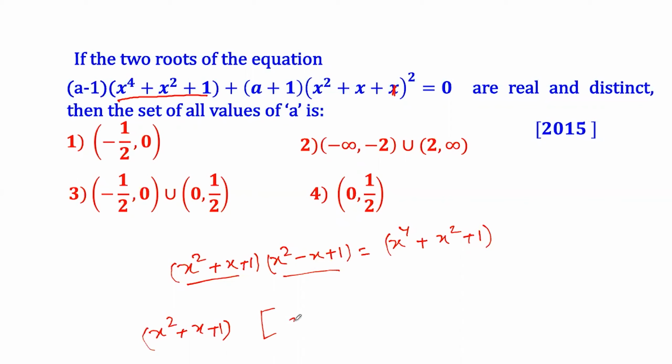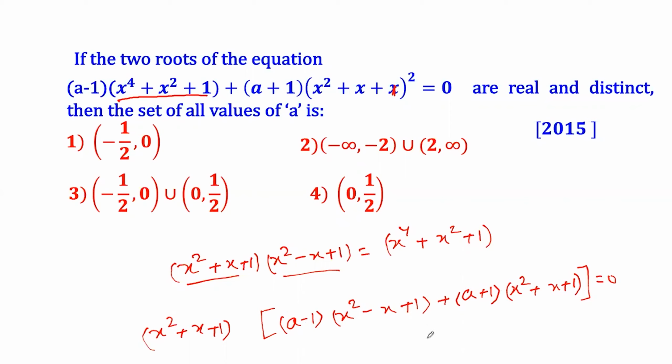So what I'm getting: a minus 1 into x square minus x plus 1 plus a plus 1 into x square plus x plus 1 is equal to 0, right?